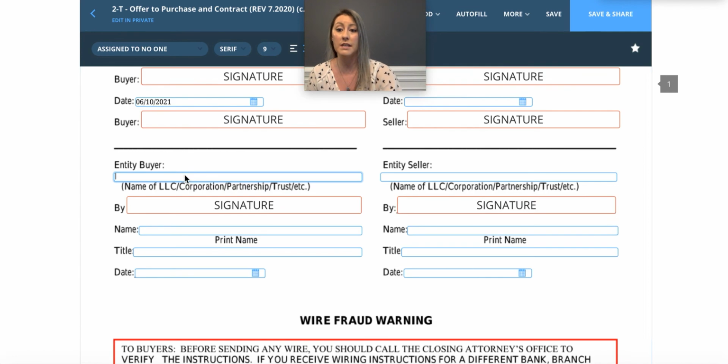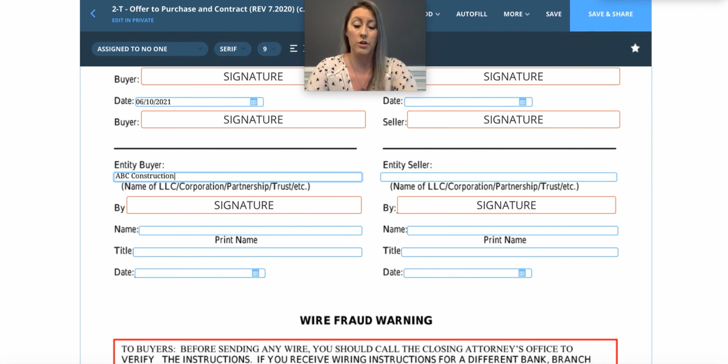Again, if it's a business that's purchasing this home, you want to put the business name in. So ABC Construction is buying this home, LLC, and you want to put the name of the person that is signing this, and we're going to say it's Dan Williams.